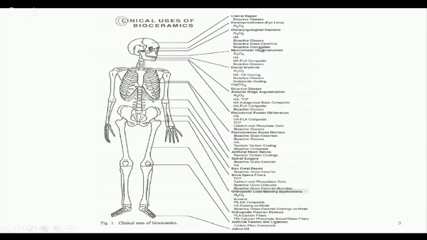So for maxillofacial reconstruction, alumina, hydroxyapatite, hydroxyapatite PLA composites are used. Even polymer is also used. Some of the polymer foam, porous polymer is also used.